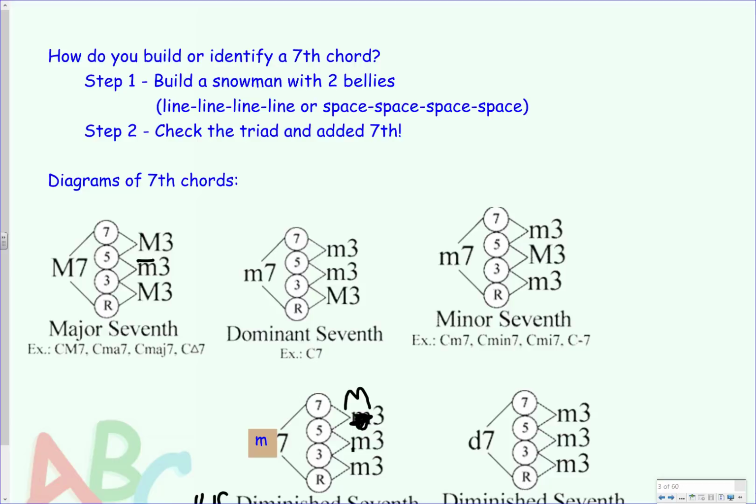So there's a really easy way to remember major 7th chords. Major 7th chords, they consist of a major triad and a major 7th from root to 7th.